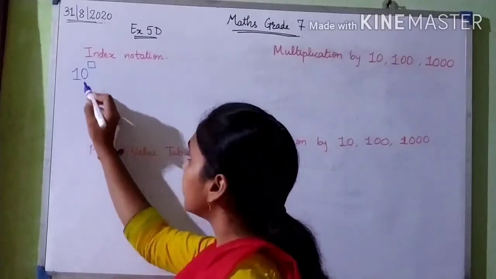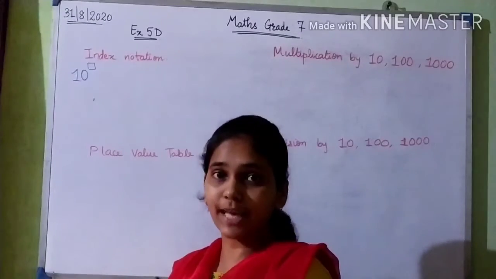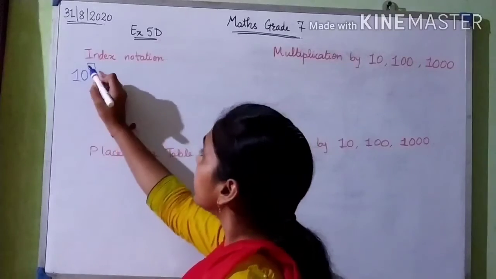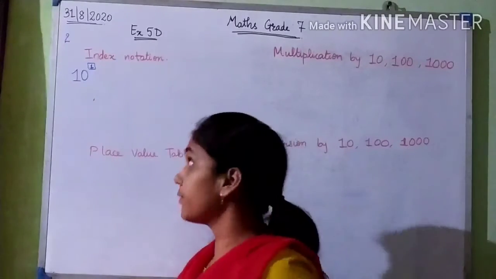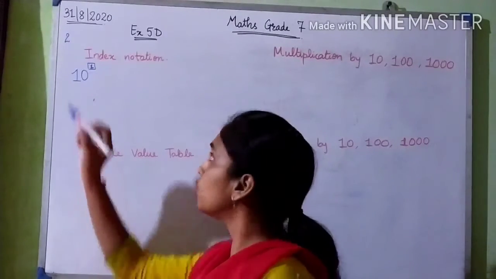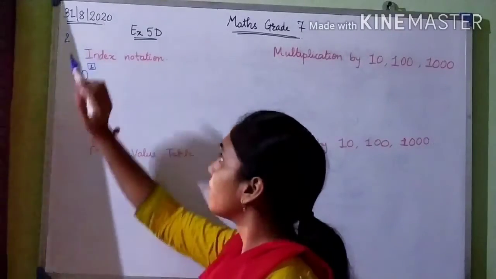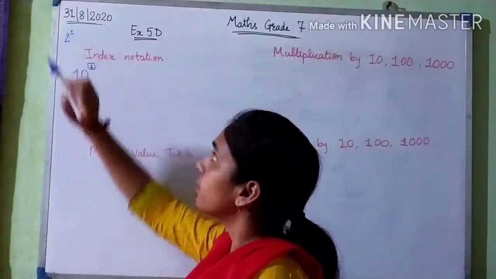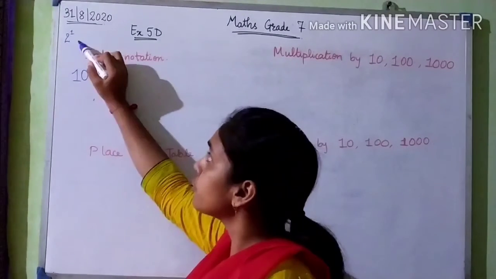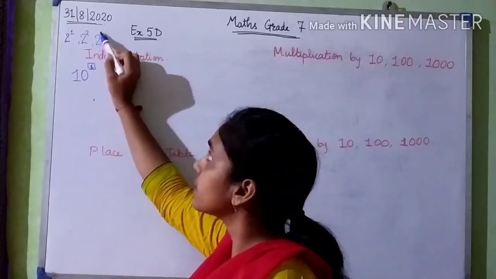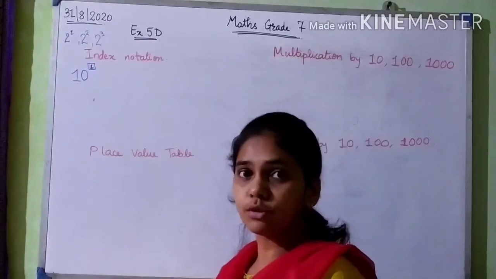If there is no power given for 10 or for any number, that means the power is 1. If the power is 2, it is written as 2 raised to the power 2. If the power is 3, it is written as 2 raised to the power 3.